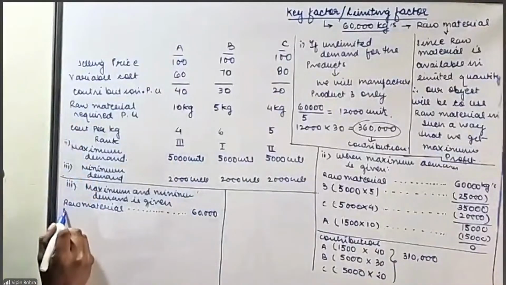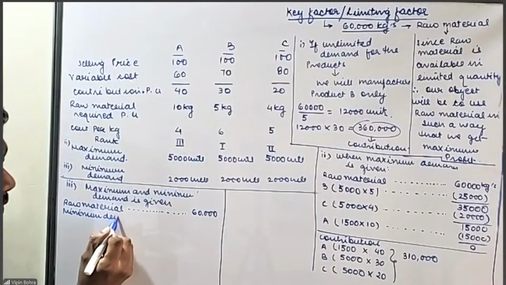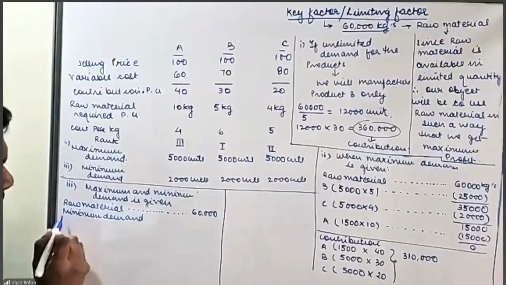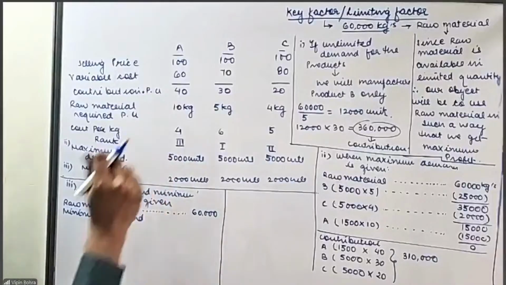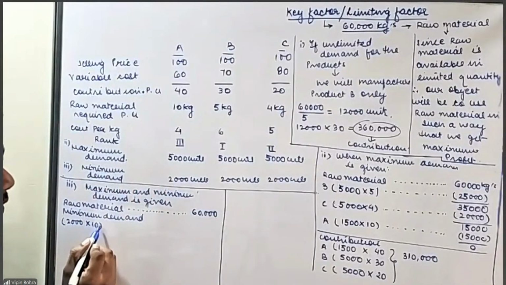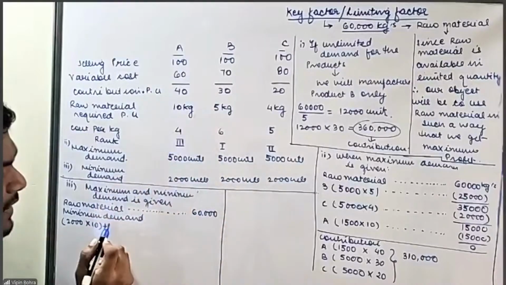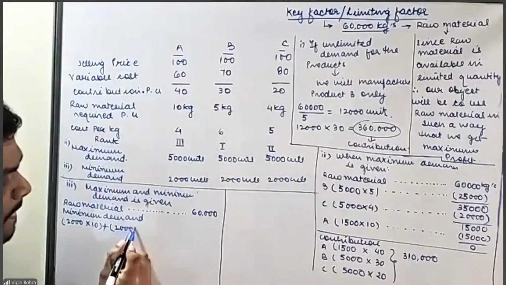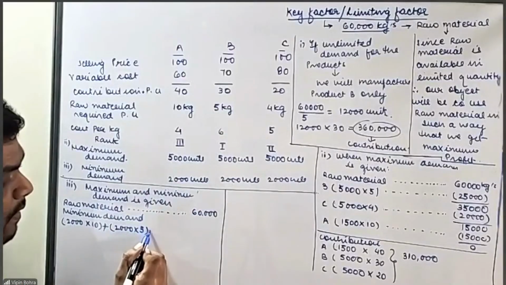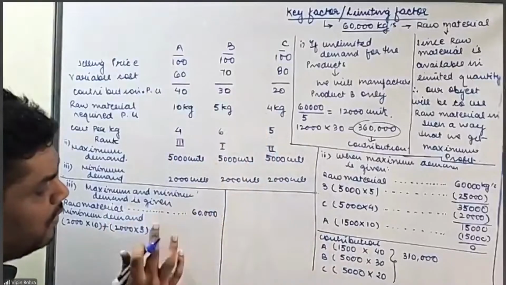So first we will fulfill the minimum demand. That is 2,000 units of A into 10, plus 2,000 units of B into 5, plus 2,000 units of C into 4.